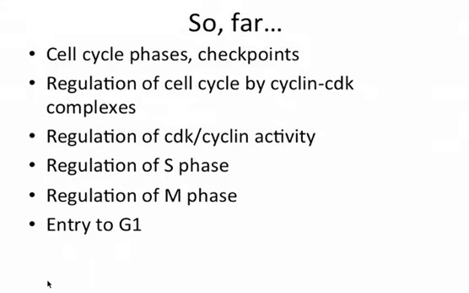Then we spoke about regulation of M phase in terms of mitotic spindle assembly, and what happens if things aren't going well. And then we spoke about entry into G1 phase and how you need low levels of cyclins, and how the activation of different forms of APC helps to make sure that APC stays on and M cyclin levels go down enough so that the cell can go into G1.